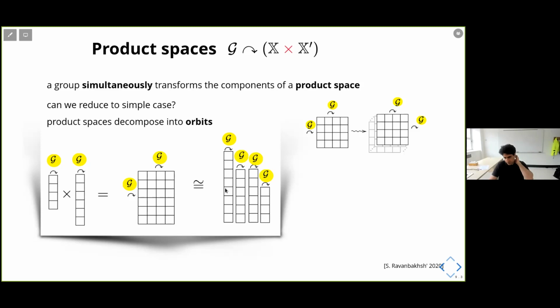So one important bit of information here is this decomposition. Can we characterize this decomposition of the product space into these orbits? And the answer is yes.